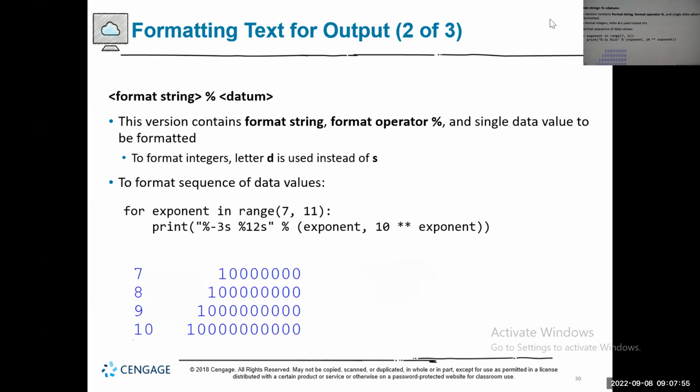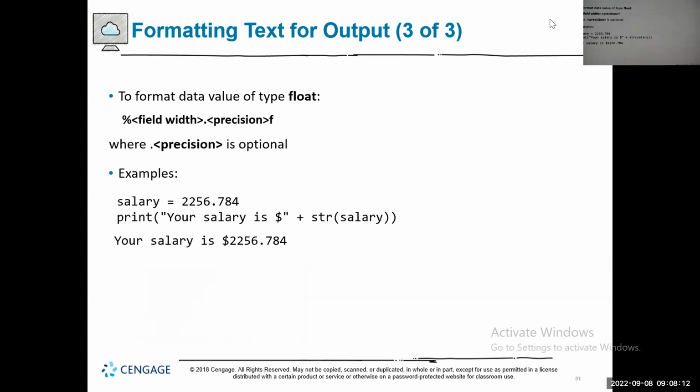Whenever you have a negative width, it justifies on the left, and the number 3 here is the width of the field. This one is a width of 12, and if it's positive, it will justify on the right. For the float type, you can determine how many digits to take in the fractional part, and you have many ways to do it.